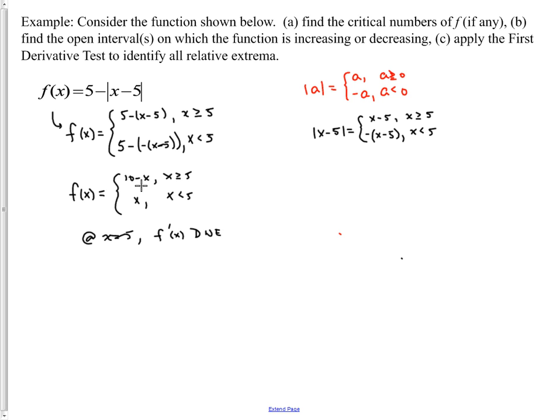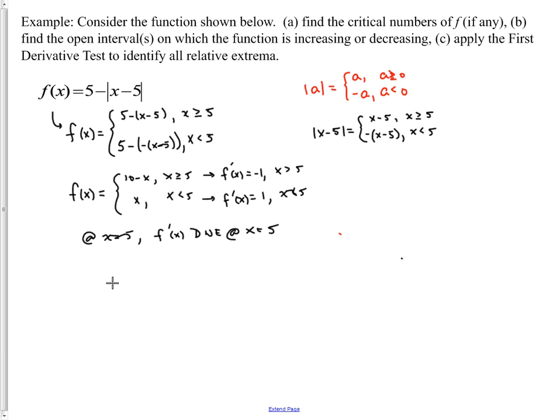We know that to the right of 5, f prime of x is equal to negative 1, because if you took the derivative of 10 minus x, you'd get negative 1, whenever x is greater than 5, and f prime of x would be equal to positive 1, which is the derivative of just y equals x. And this would be true whenever x is less than 5. What actually happens at 5 is undefined, right? So f prime of x does not exist at x equals 5, and that's our critical number.